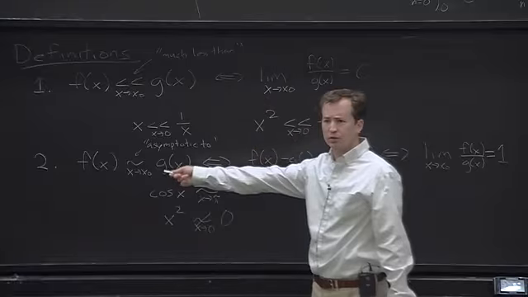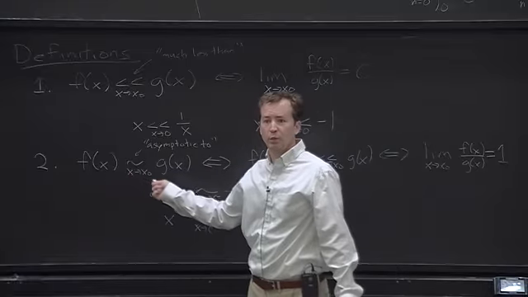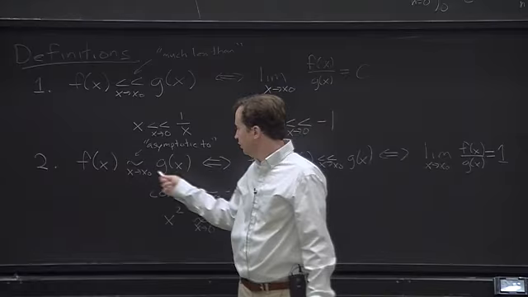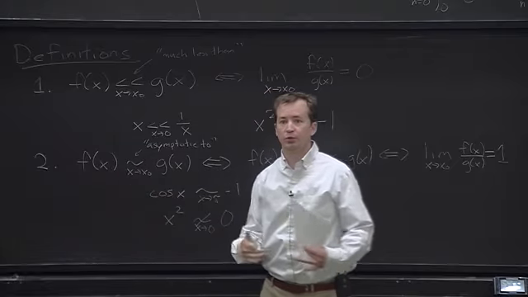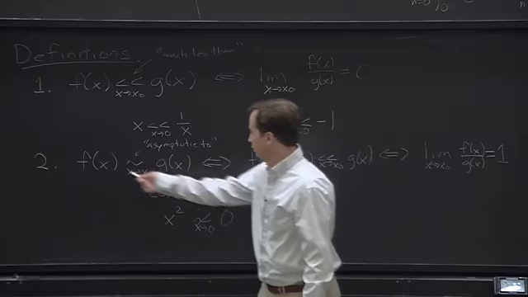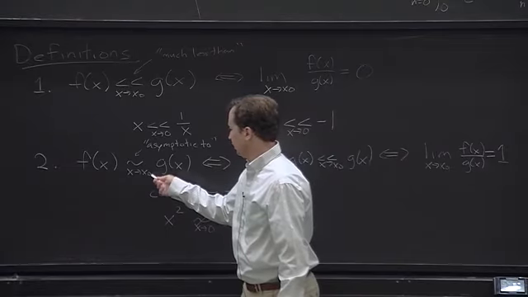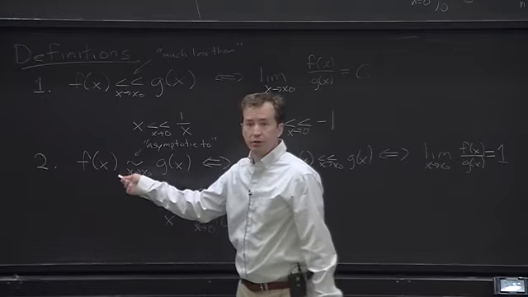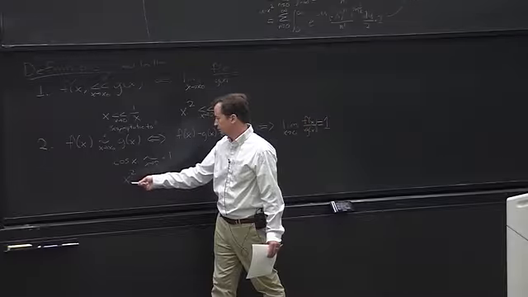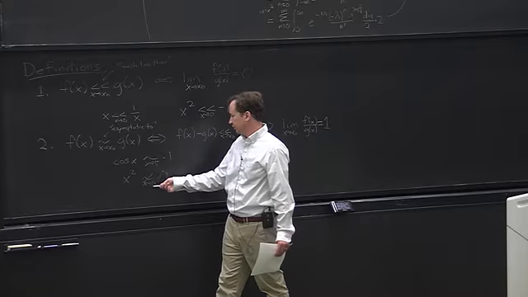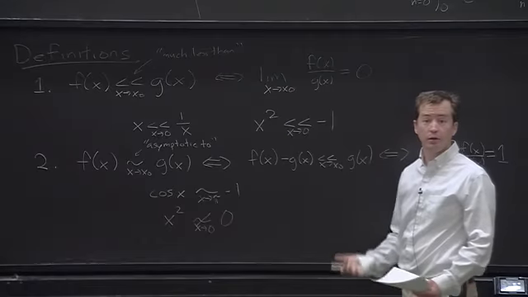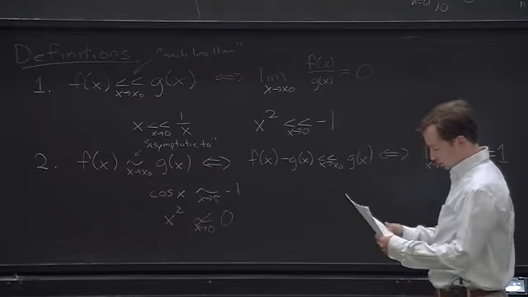So asymptotic to is not just a statement about the limit of the two functions as they approach the point, but it contains information about how quickly the functions approach each other as x goes to x naught. So x squared is approaching 0 at a different rate from 0 as x goes to 0. So not asymptotic as functions.